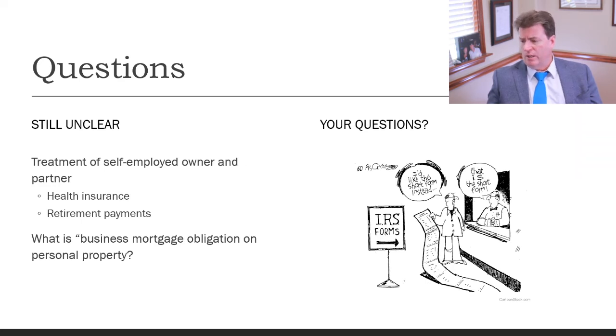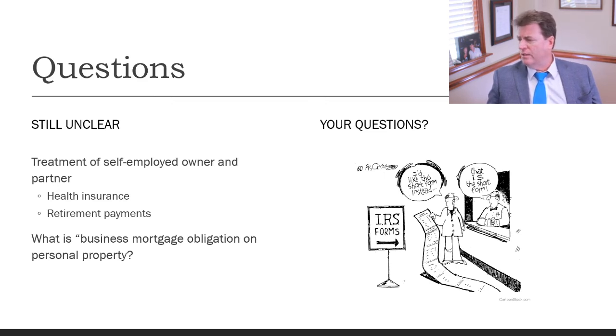But there are some folks saying, look, if you've got a SEP or something and you're paying in annually, can you take that 8-week portion of the SEP? You should be able to. It is a retirement payment you're going to make. And what about your own personal health insurance during this time that you pay for? Why in the world should everybody else be able to do that? So we're hoping some guidance comes out on that that's favorable.